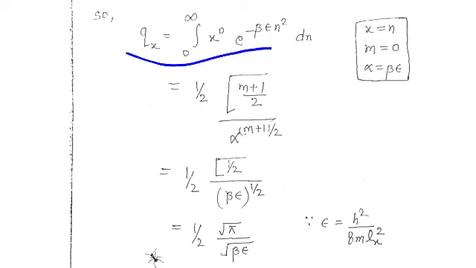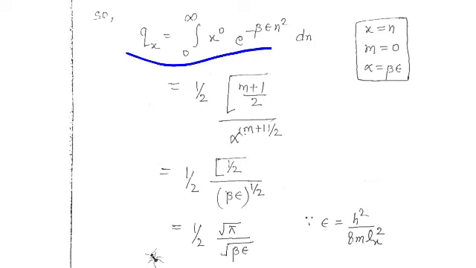We know that x equals n, m equals 0 and alpha equals beta epsilon, because in the standard form the exponential was written as minus alpha x square. Here n square is there, so x equals n.